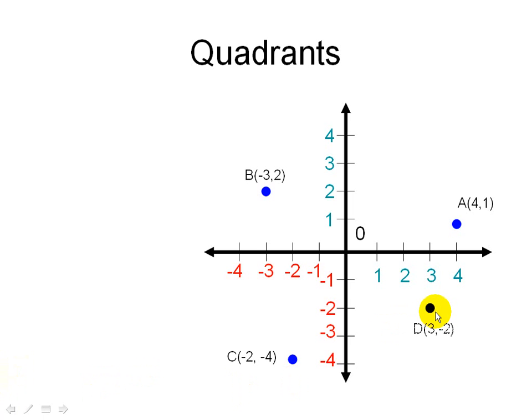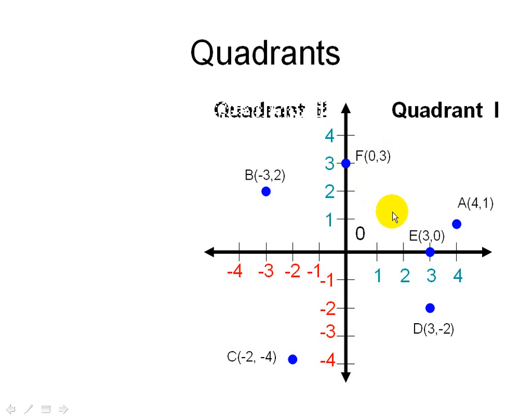Point E we have (3, 0). And then point F, we see it's (0, 3). By definition, this is called quadrant 1. This is called quadrant 2. Then quadrant 3. And finally quadrant 4.